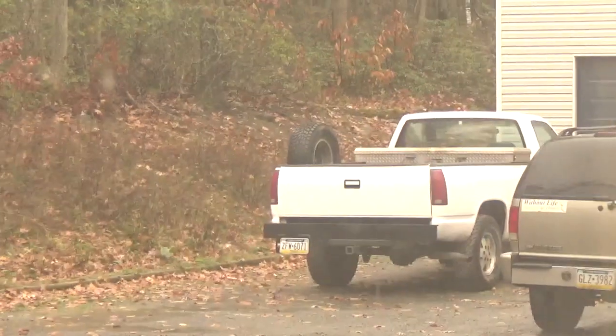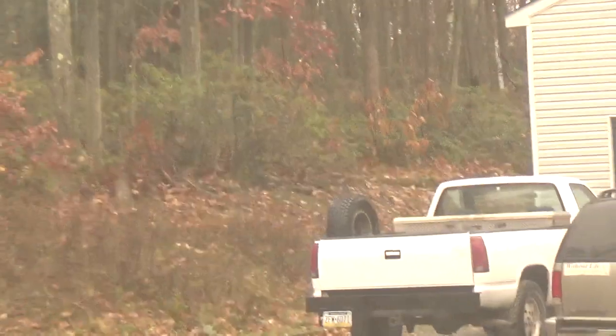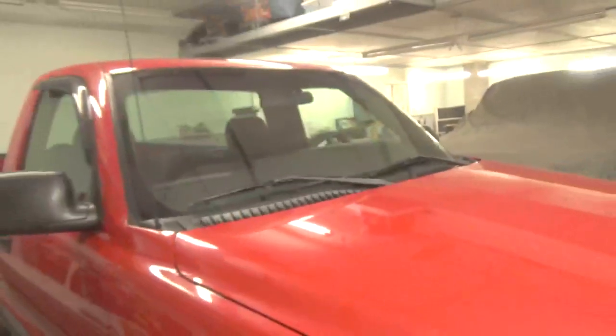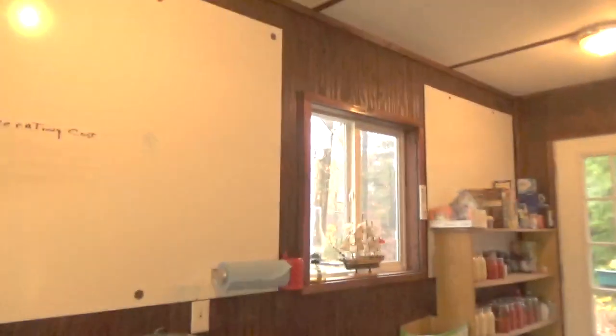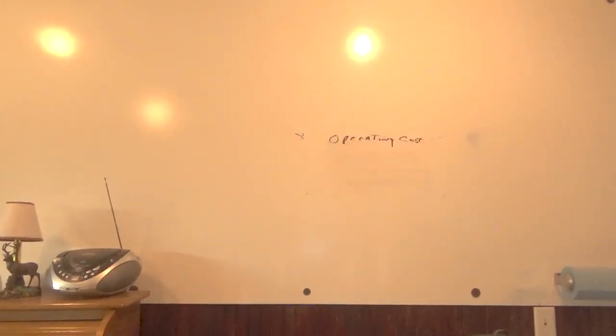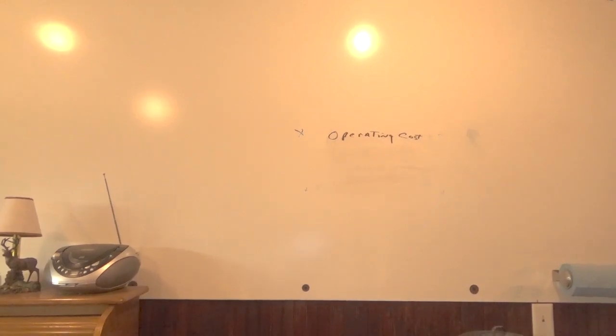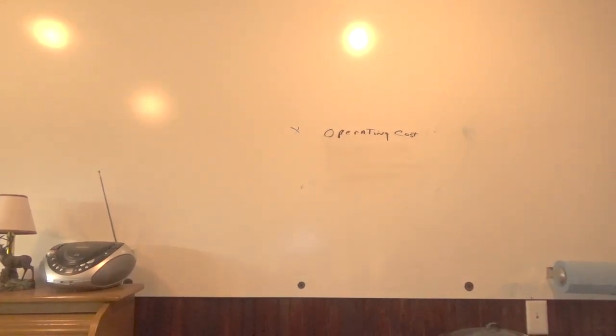Now here's something that you are going to realize once I say it. These trucks, the newer they are, the higher the costs are for them. Let me take you back in here and we'll look at this whiteboard and I'll explain this to you. New equipment has lower operating costs, okay?